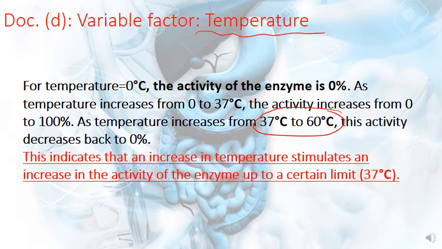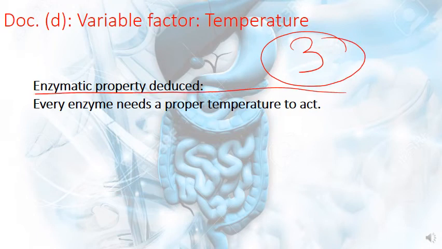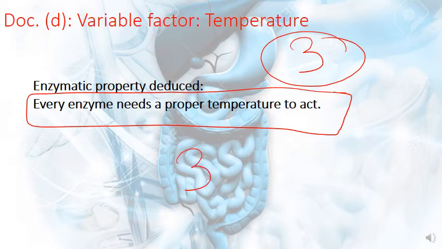So this indicates that an increase in temperature causes an increase in the activity of the enzyme, but up to a certain limit, which is 37 degrees Celsius. So the third enzymatic property: every enzyme needs a proper, specific temperature to work. Mostly, in our case, it's 37 degrees Celsius.